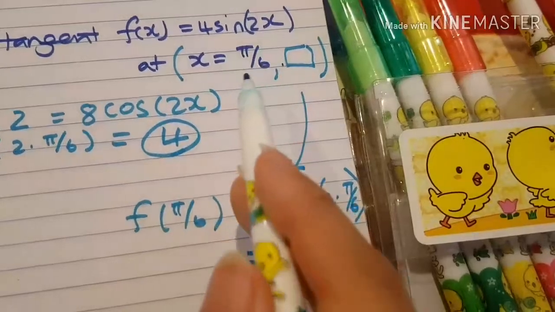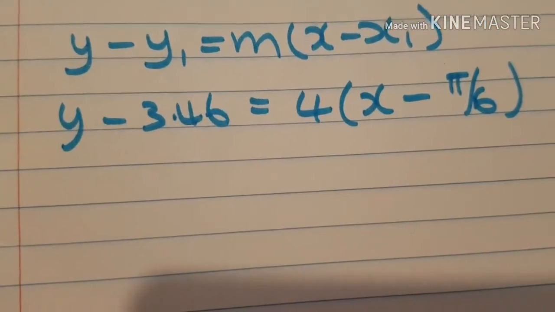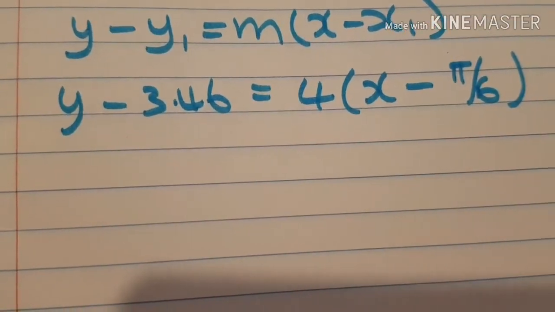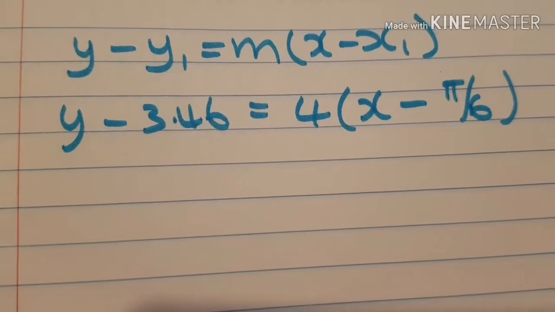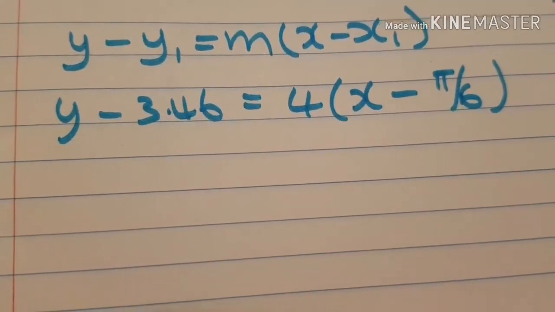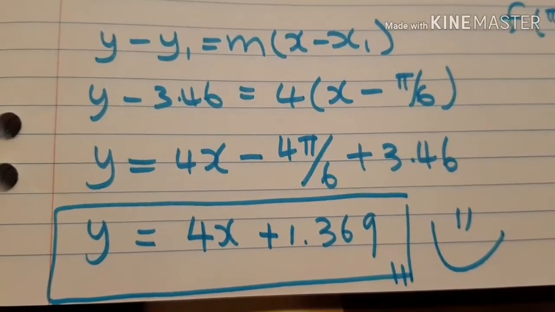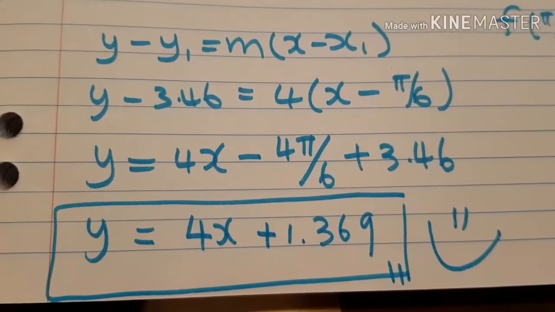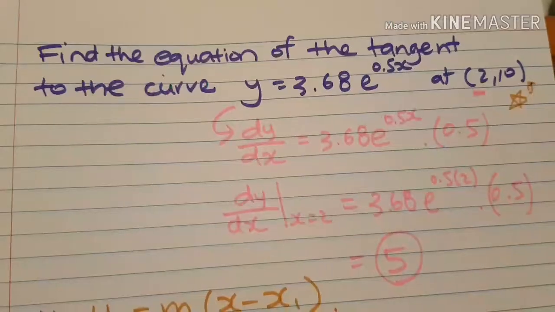So this is x1 and this is y1. So there you go. I need to find the equation of the tangent, so I substitute those values in. So if I want to expand, rearrange, and calculate those values, there you go. I'll get the final answer. The equation of the tangent.